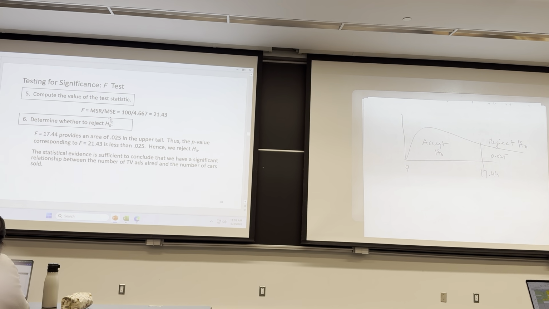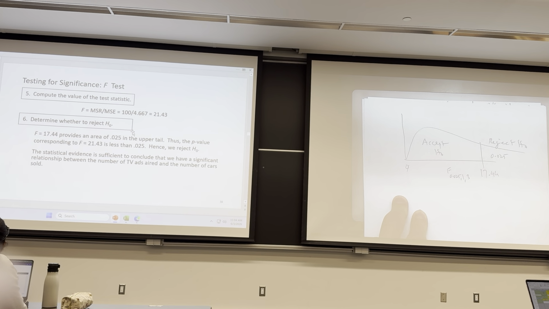Now, my F observed is 21.43. So this is your critical value, F critical, F 0.025, 1 and 3 degrees of freedom. So this is the typical way you write.